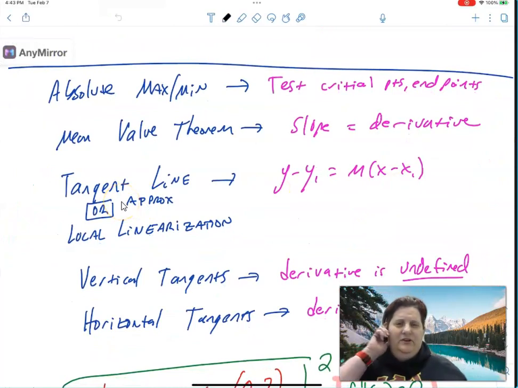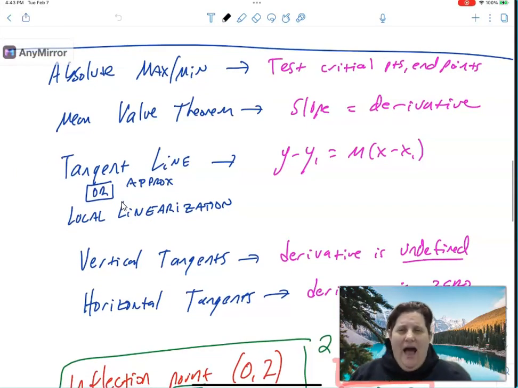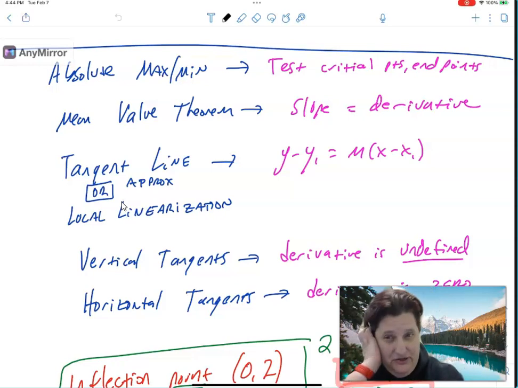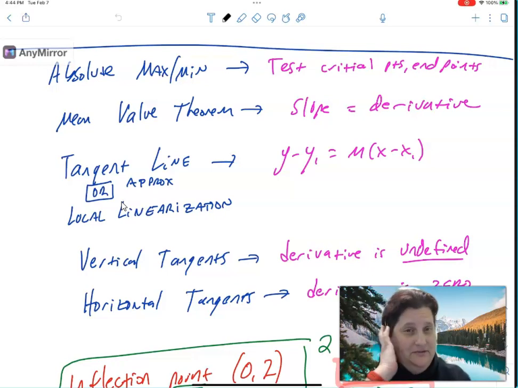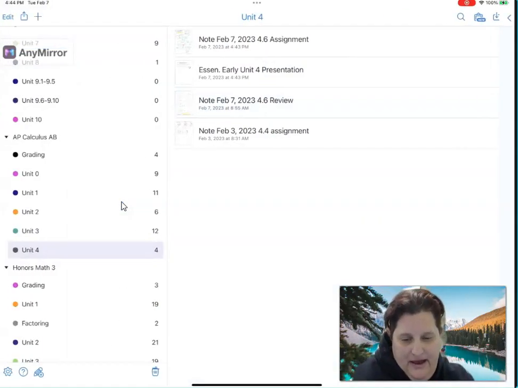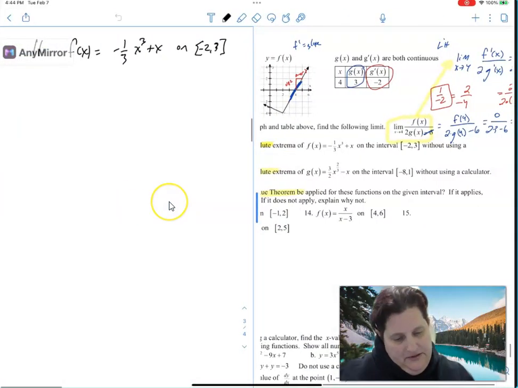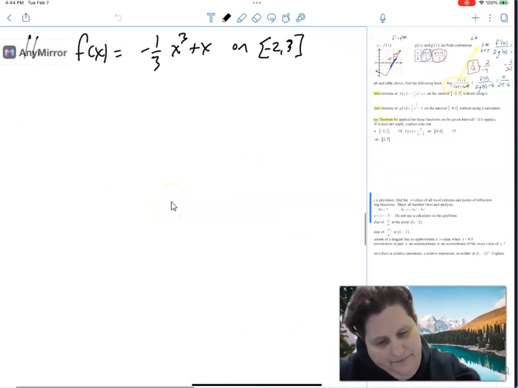Stuff that you need to know for the test. Here we go. Absolute max and mins, you have to test critical points and endpoints. We also have mean value theorem and tangent line approximations. But for absolute max and min, we test critical points and endpoints. So let's look at this question here.